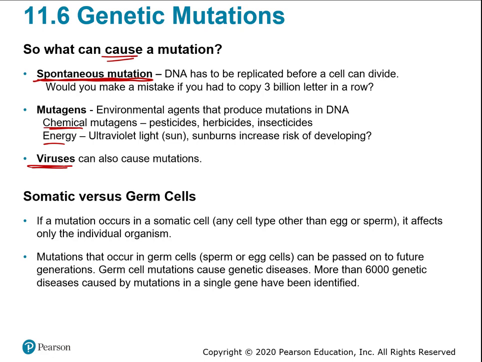So a mutation in a generic body cell, a mutation in somatic cells, might become abnormal, but it's only going to affect that cell. So this would be like if you get skin cancer. Normally that's because of a mole, a melanocyte, a pigment-producing cell on the surface of your skin that ends up having a mutation and starts growing without control.